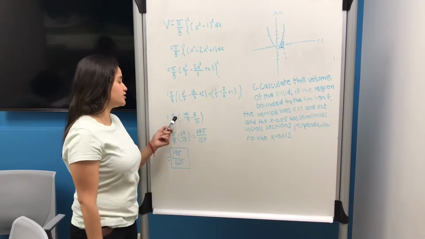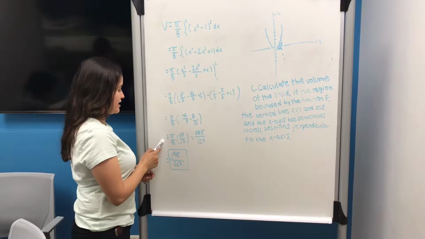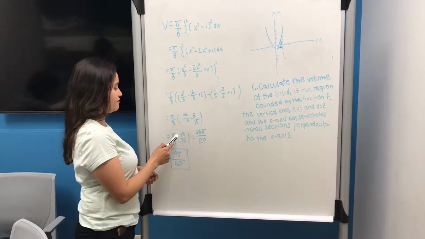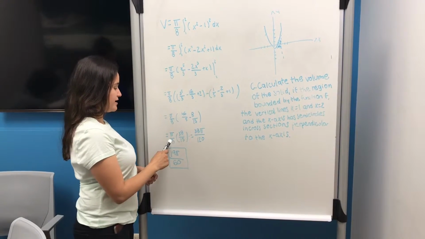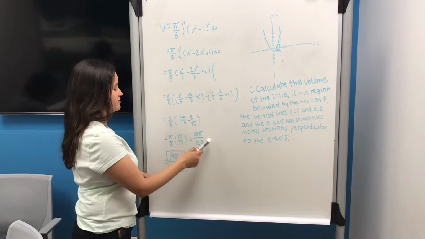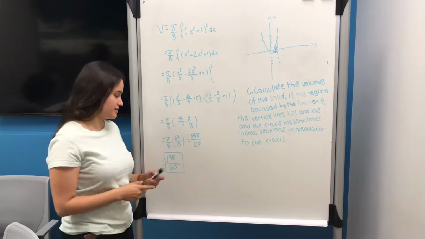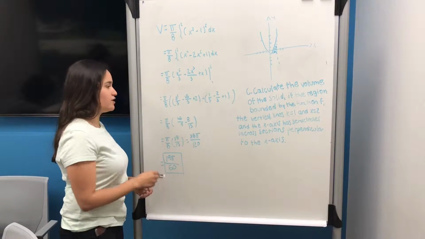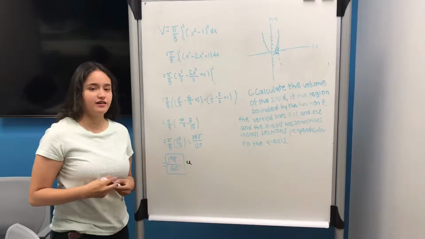Then again, we subtract these fractions and we get as a final result pi over 8 times 38 over 15. So we multiply 8 times 15 and get 38 pi over 120. And if we simplify this, it gives us 19 pi over 60 units, which is the final answer.